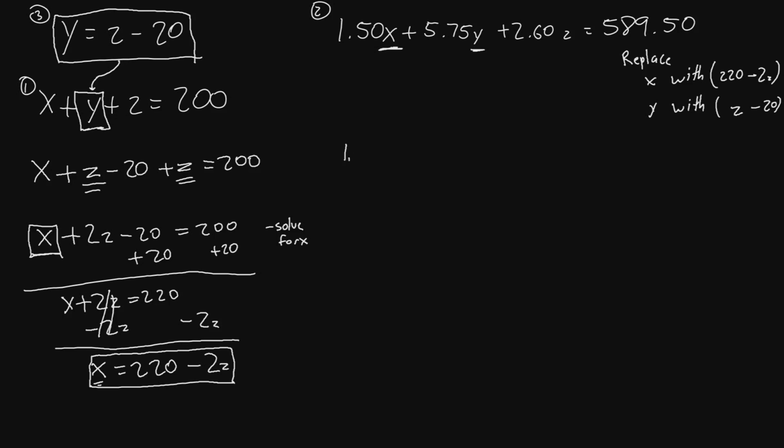We'll place X in this position and Y in this position and replace them with these parentheses. We'll have 1.5 times 220 minus 2Z plus 5.75 times Z minus 20 plus 2.6Z equals $589.50. Now let's simplify. First, by multiplying 1.50 times both of the terms in the first parentheses.